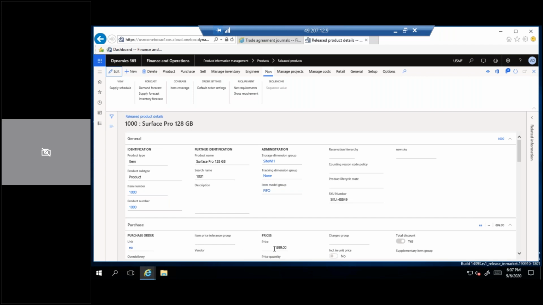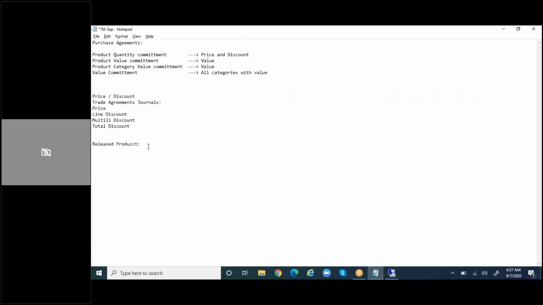In the purchase tab, price is available. So there are 3 places where prices are available. In the purchase fast tab, price.